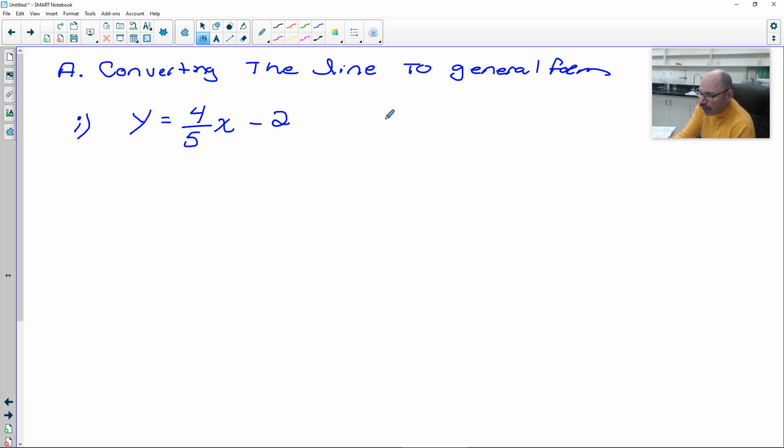Let's say we had y minus 2 equals 2/3 x plus 6 is our second one. So this is the slope-intercept form. This is the slope-point form. And we want to convert them to general form.